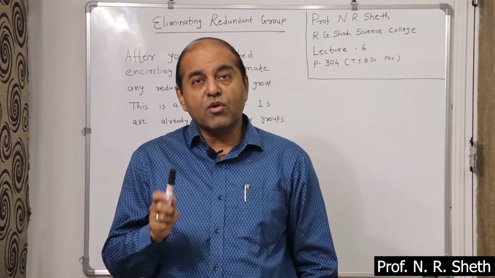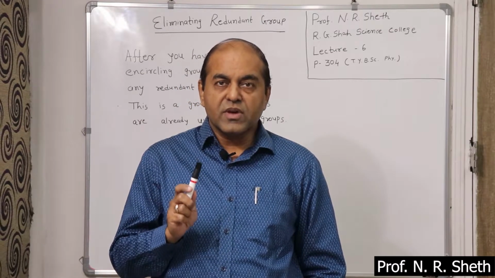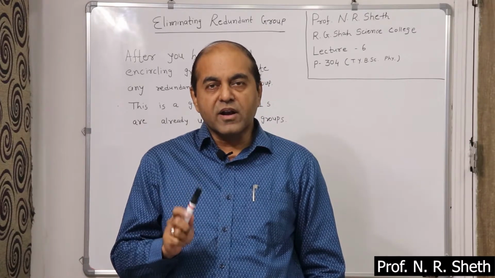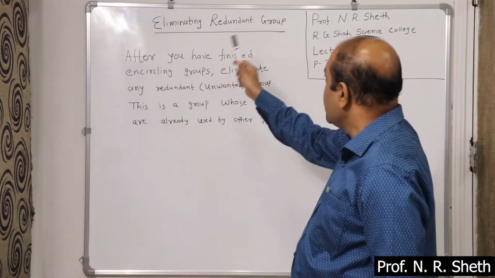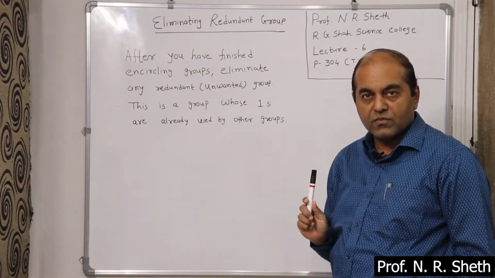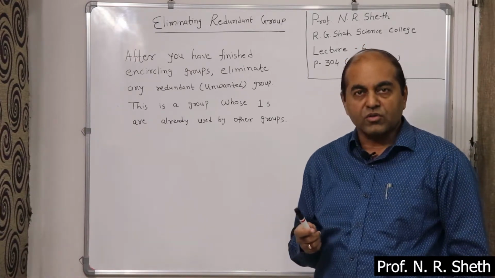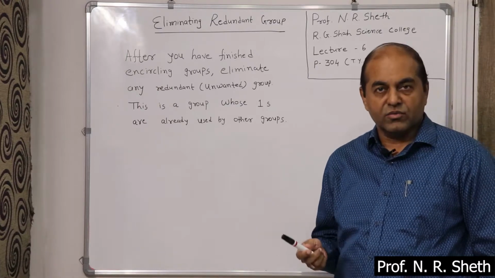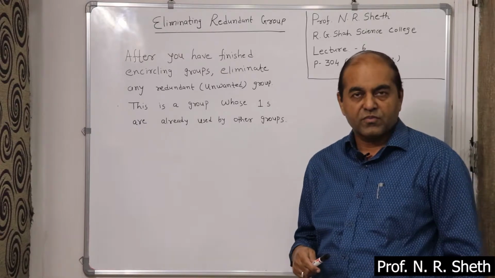So after completing all these 5, the last one we are going to discuss today is eliminating redundant group, unwanted group. After you have encircled all the groups, you have to eliminate unwanted groups. Now the question is, what is an unwanted group?